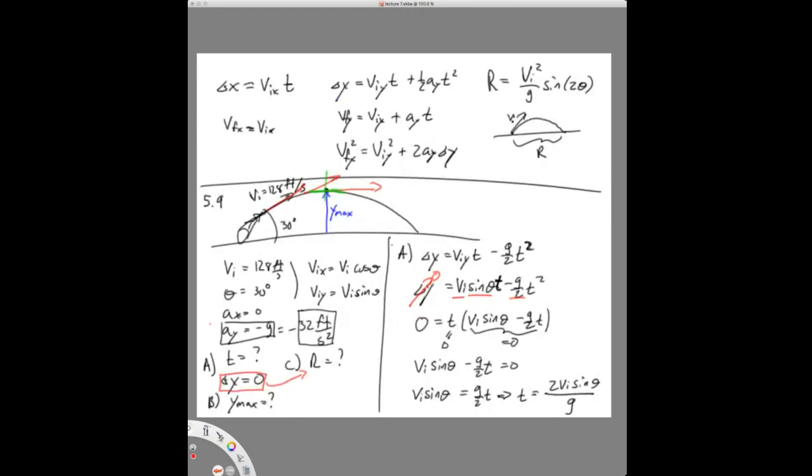How do I solve for t? Well, I have two options. The x equation, delta x equals vixt, or the second y equation, v final y equals v initial y plus ayt. So I'm going to do another poll. You didn't know it, but physics is democratic.